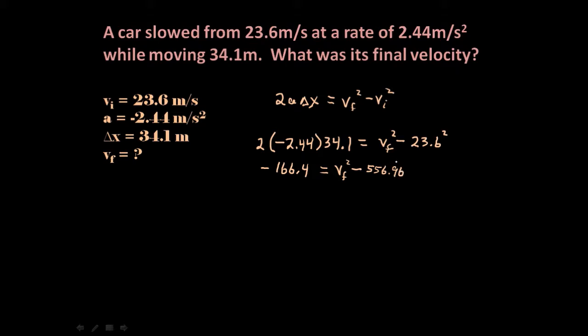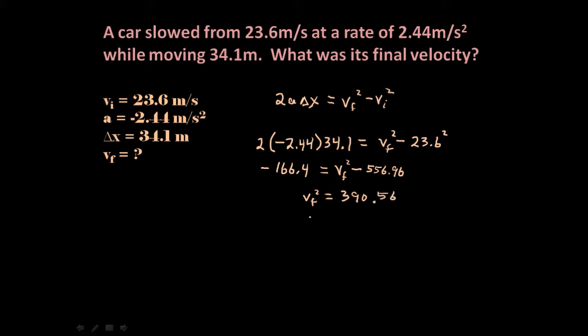Notice I'm not squaring a negative number. This says something minus a positive number squared. Even if it said something minus a negative number squared, the negative number squared would be positive. So this is always a subtraction on this side for this formula because it's minus some number squared. And so we add that to both sides and then take the square root. We get V final squared is equal to 390.56.